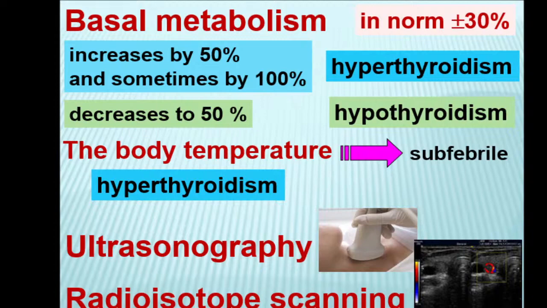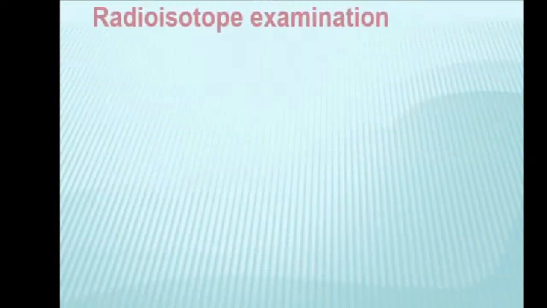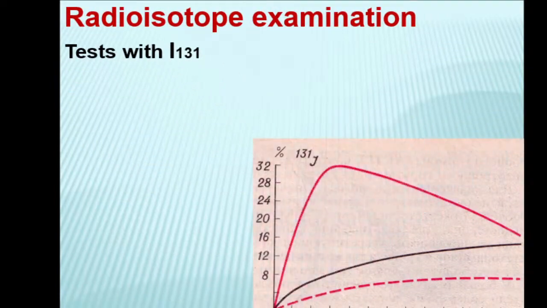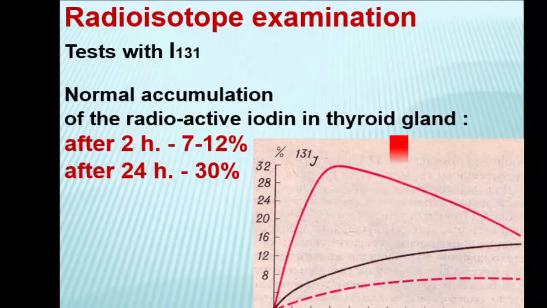Due to collection of radioisotope in the tissue of the thyroid gland and increased level in the blood, we can assess the function of the thyroid gland. For example, for radioisotopic examination, we'll use iodine, which will be introduced, and then we'll put a special apparatus over the projection of the thyroid gland and control the level of accumulation of iodine in the thyroid gland, which must be 7-12% after 2 hours and nearly 30% after a day.